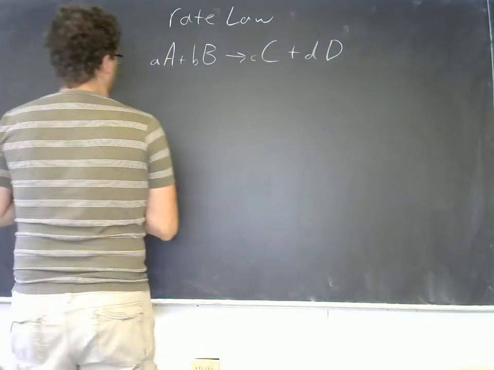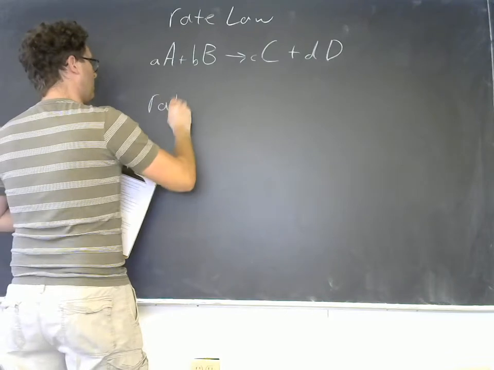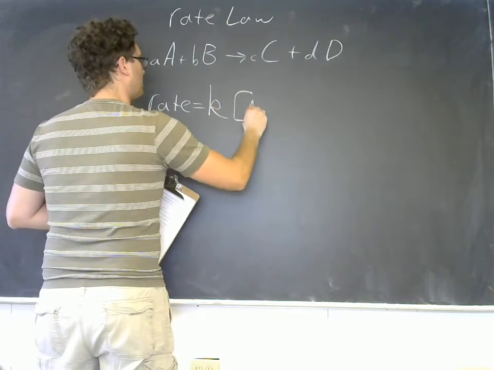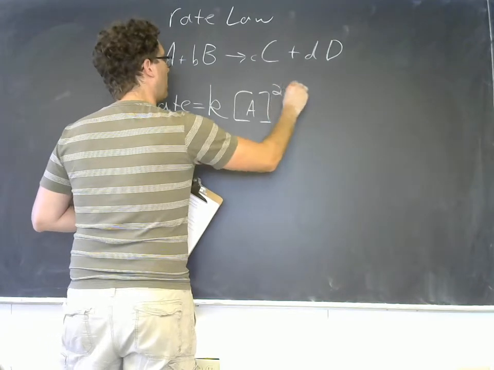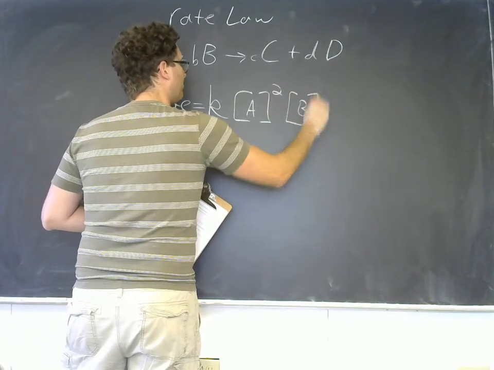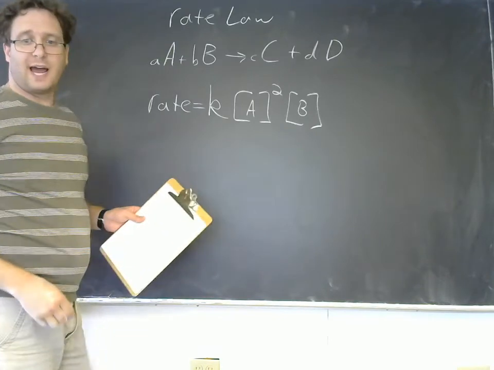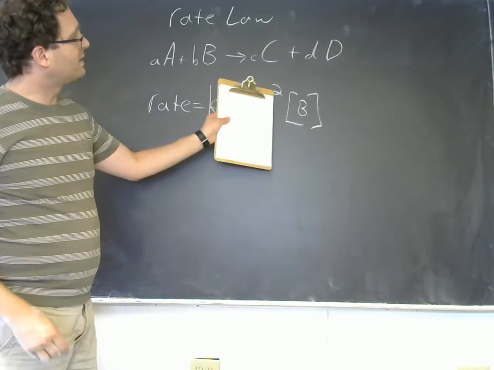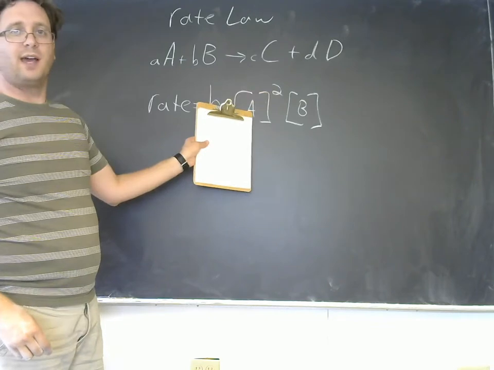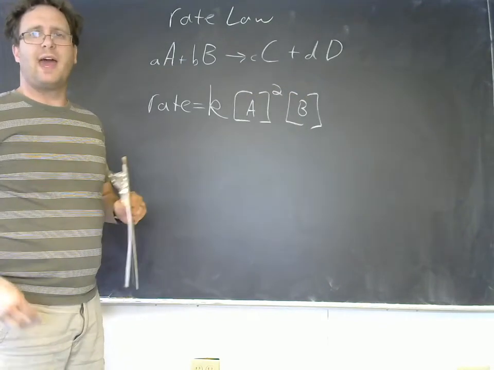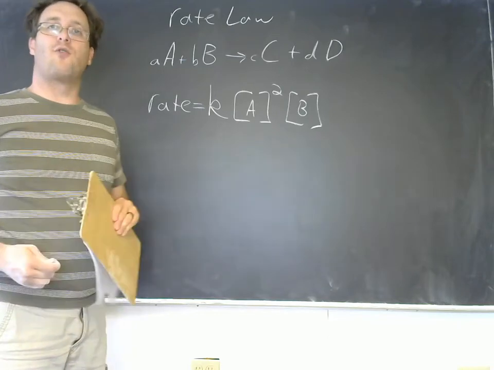So if the rate is equal to k times the concentration of A squared times the concentration of B, then this reaction is going to be 2nd order with respect to A, 1st order with respect to B, and 3rd order overall.